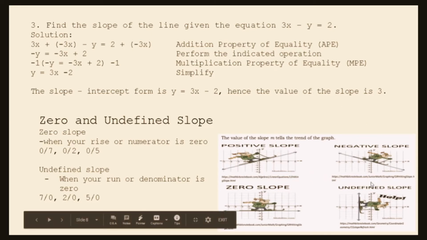Then, yung undefined slope naman is yung naka-vertical, as in straight vertical. Nangyayari yon kapag yung run or yung denominator mo sa fraction mo, sa slope mo is 0. Like 7/0, 2/0, and 5/0. So, look at this illustration. 'Di ba?